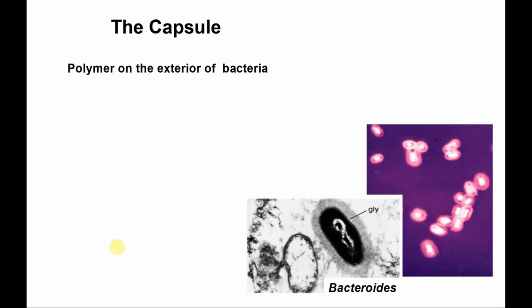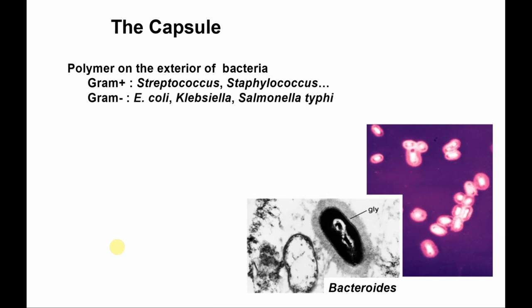Now, the capsule is a polymer on the outside of bacteria. The polymer is most frequently polysaccharide, but can be polypeptide. And it's a facultative structure. Not all bacteria have them, but you can find them in gram positives and gram negatives. So not an essential component, can be present or absent.